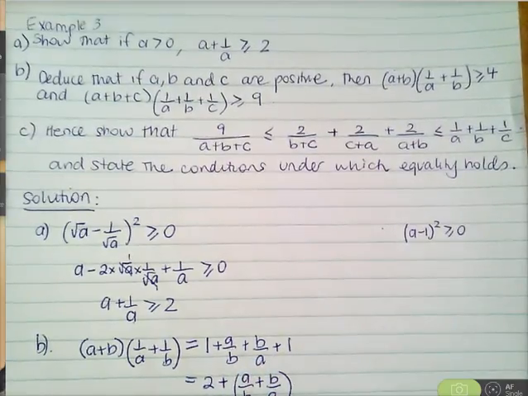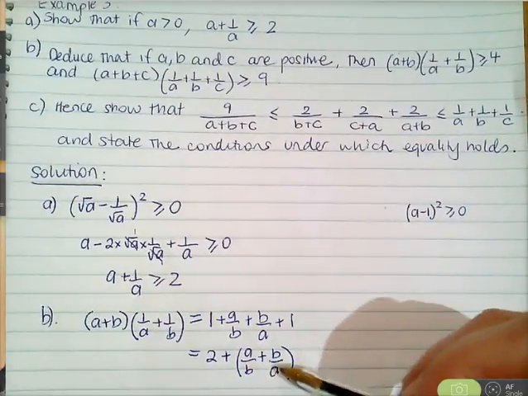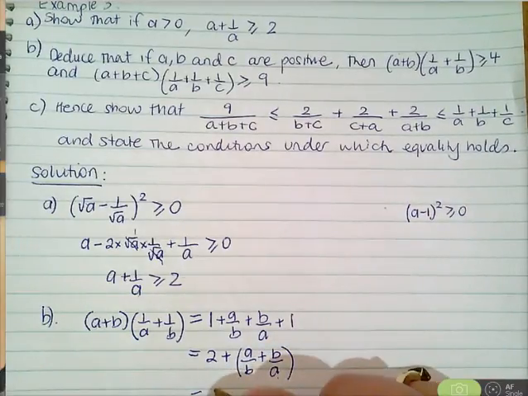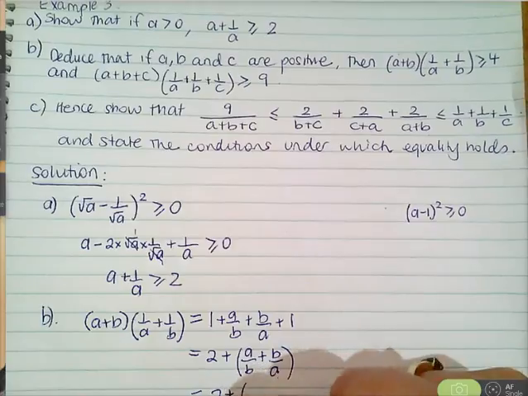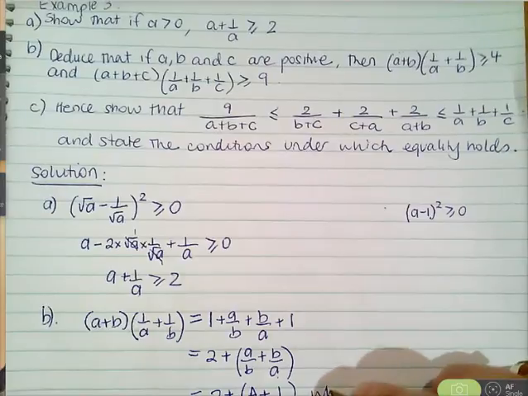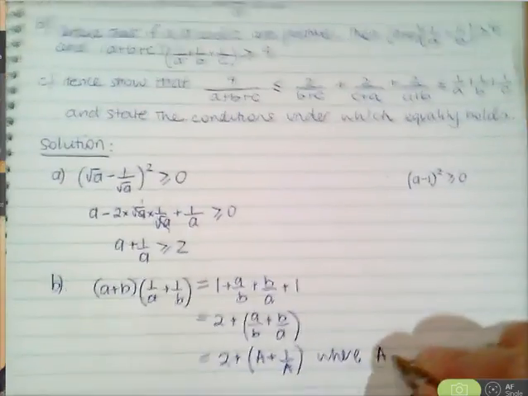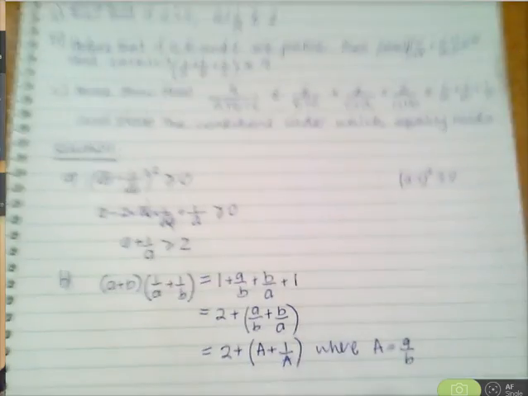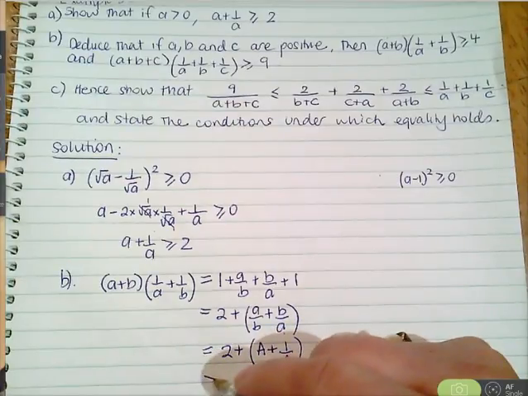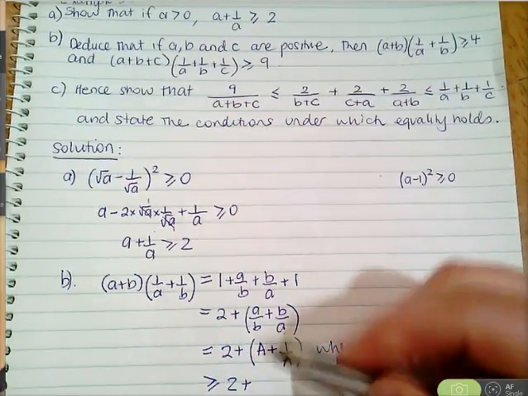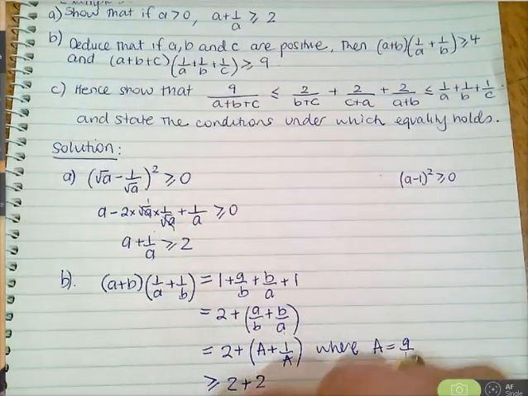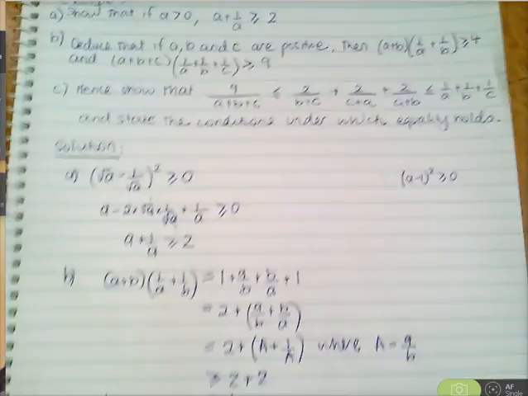Now notice that A over B and B over A are reciprocals of each other. So therefore, you could write this as 2 plus, you could call this capital A plus 1 over capital A, where capital A is A over B. You could do it like that, just to show that you've clearly got A plus 1 on A is greater than or equal to 2, so therefore that would be greater than or equal to 2 plus, now this bit here is greater than or equal to 2, so it'd be greater than or equal to 4.